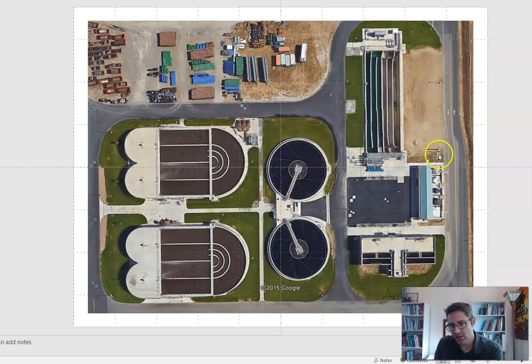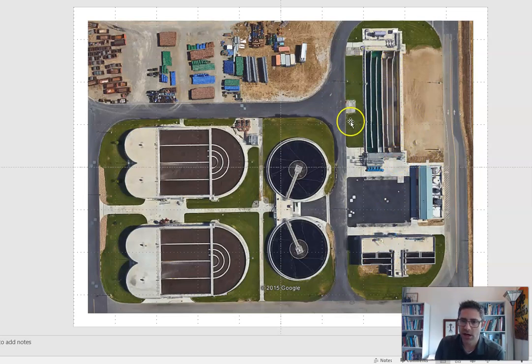Down here you can see there's some tanks, and these are chemical storage tanks that store the liquid bleach as well as the dechlorinator, which I can't remember what it is in this case, but I'll think of it in a few minutes. So on the way from the filters to here, it gets disinfected by the bleach.